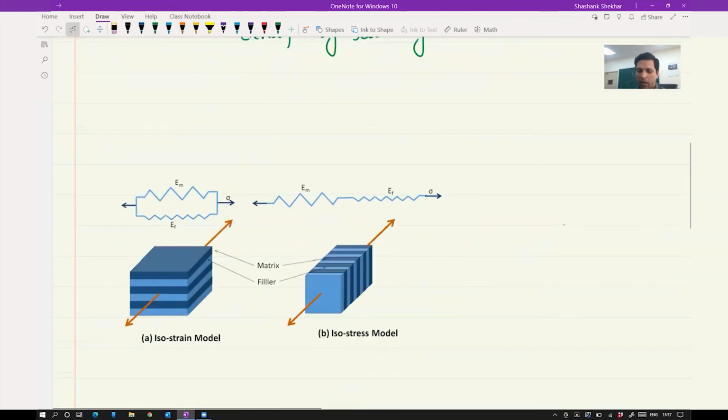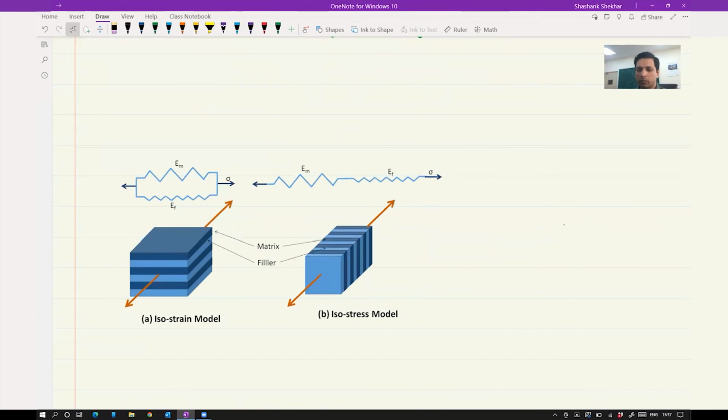Now coming to some of the properties of the composite, which are very fundamental properties. Here you have to realize that how we load the composite will determine how the stress is being shared. In this particular arrangement, where you have one matrix and the other as the reinforcement, you need not have an equal fraction of filler.